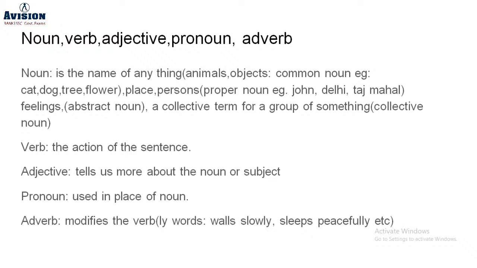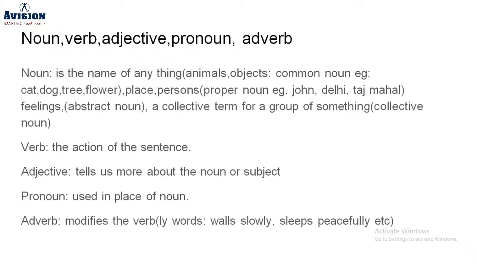In this sentence, the word walks, what function is it doing? It talks about the action of the subject Ravi. And Ravi is again a proper noun, because it is the name of a person, a particular name of a man.